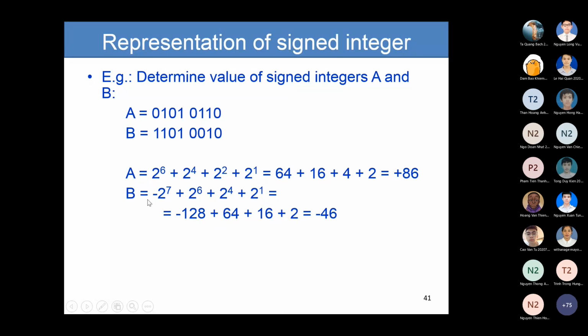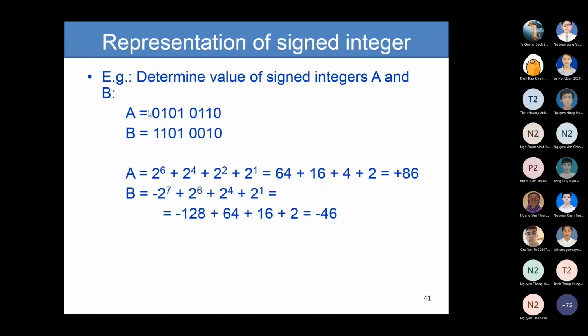So we have B equals minus 2 to the power 7 plus 2 to the power 6 plus 2 to the power 4 plus 2 to the power 1, which is minus 128 plus 64 plus 16 plus 2, and this equals minus 46. So this one is the representation of the signed number minus 46. This is the way to find the value of a representation of a signed integer.